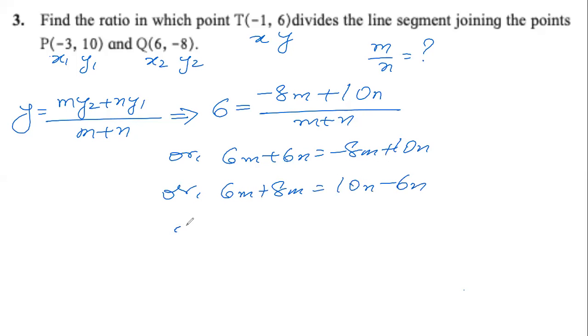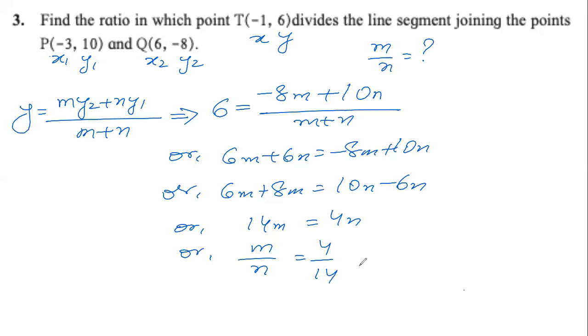or 6 plus 8 is 14m equals 10 minus 6 is 4n. If we move n to the left hand side, and move 14 to the right hand side, m by n equals 4 by 14. 4 and 14 both are divisible by 2.